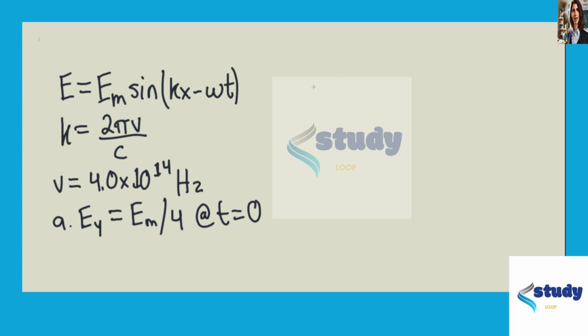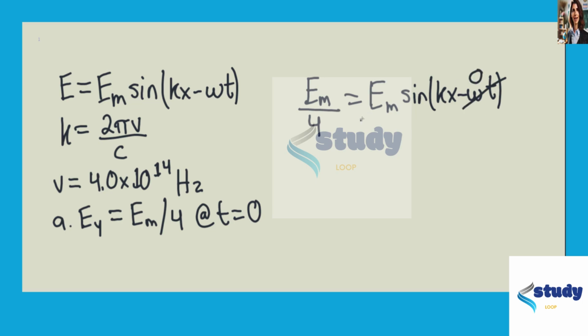E_m over 4 would equal E_m sine of kx minus omega t. We know that t here is going to be 0, so this term is eliminated. We can eliminate the maximum electric field term, and we find that the x position would be equal to 1 over the propagation constant times arc sine of 1 over 4.